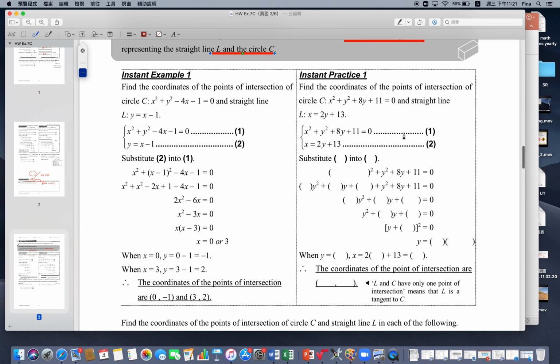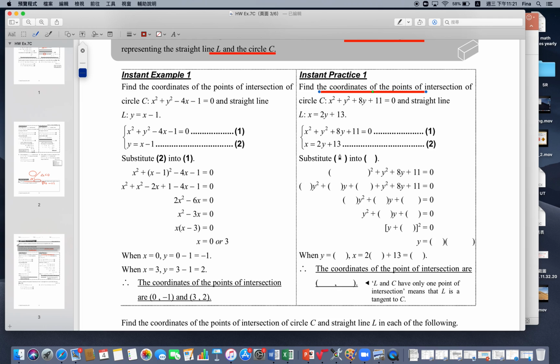You can see that there are two equations, equation 1 and equation 2, and you are asked to find the coordinates of the point of intersection. That's why you have to solve the equations. If you look at these two equations, you see that in equation 2, x is the subject already. So no need to change the subject.